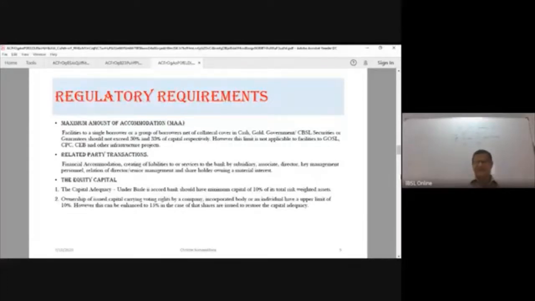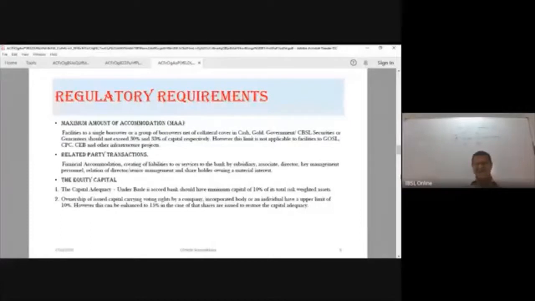That means if I want to borrow 5 million rupees, and I give you cash, gold, or government securities, that doesn't count into my borrowing. So you need to net that off, because the bank can recover anytime by offsetting those facilities. So, net of collateral cover in cash.